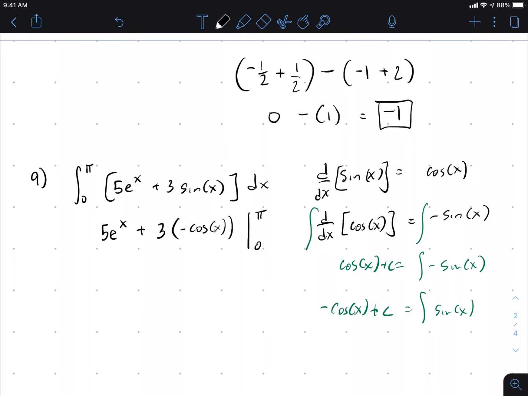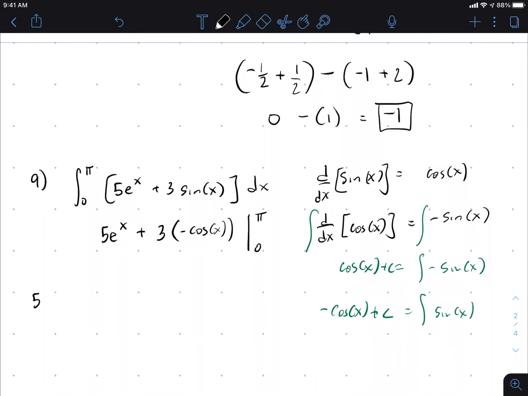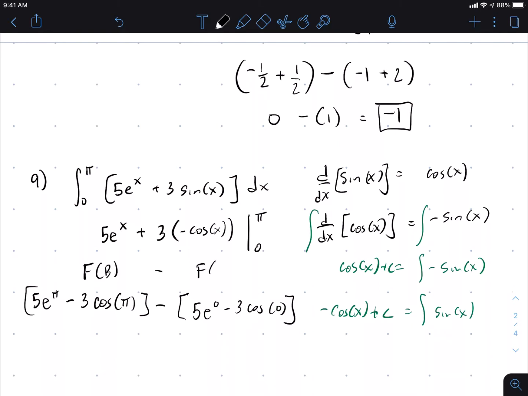So I'm going to get 5 e to the pi minus 3 cosine of pi, minus 5 e to the 0, not plus, should be minus, 3 cosine of 0. Agreed? This is the fundamental theorem of calculus, part 2.